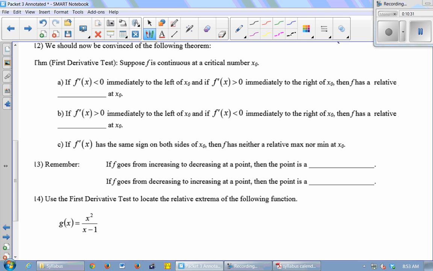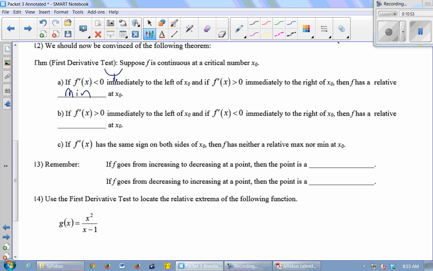Decreasing, yeah. F prime is negative means f is decreasing. And then f prime is positive, which means f is increasing. Okay? So it switches at this point x naught from decreasing to increasing, which means we have a relative min.